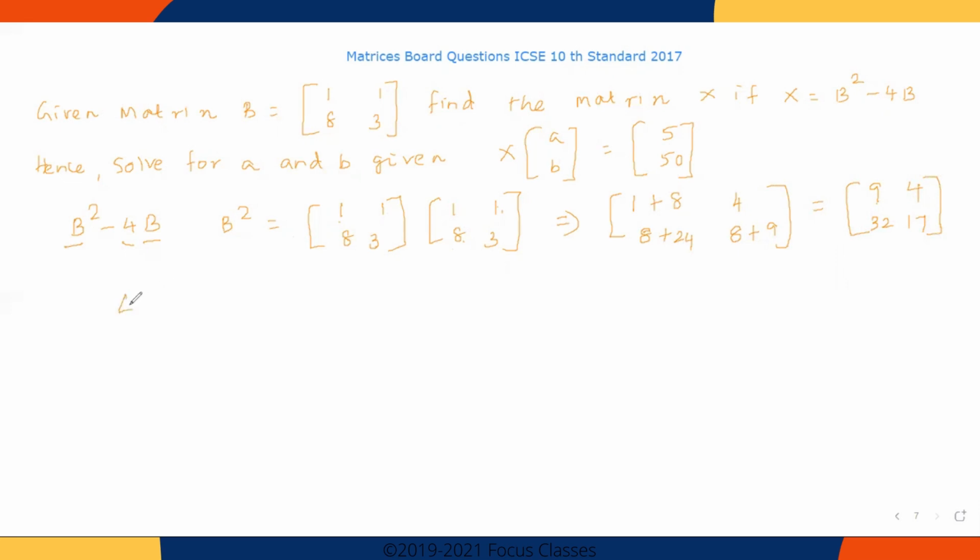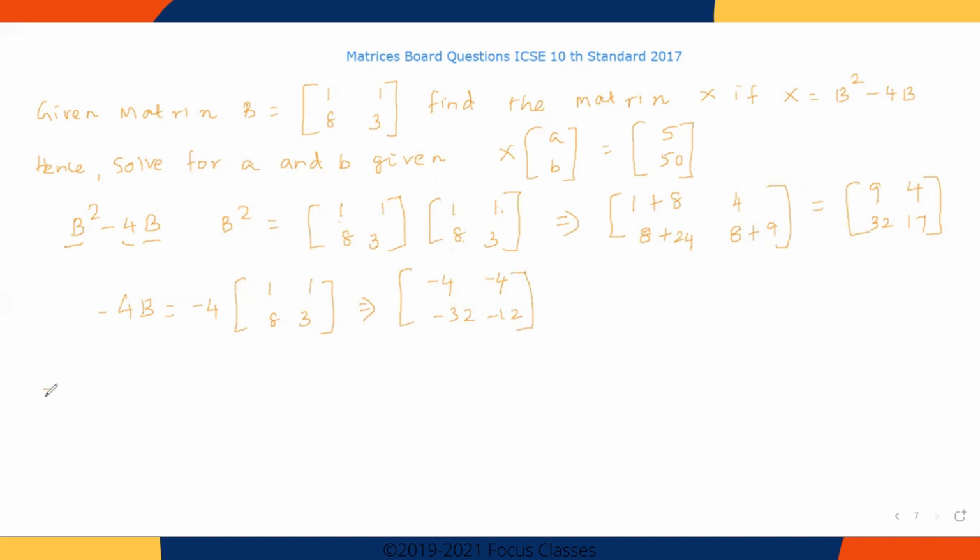Then 4B, so that is minus 4 of [[1, 8], [3, 3]], which is equal to minus 4, minus 32, minus 12, minus 12.